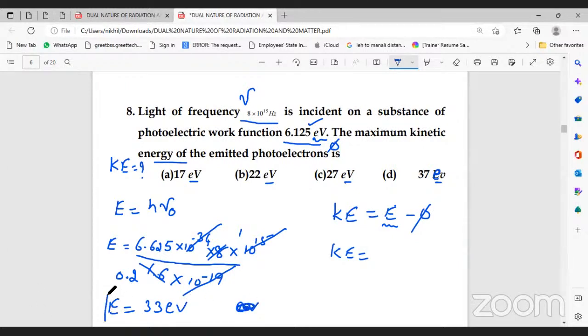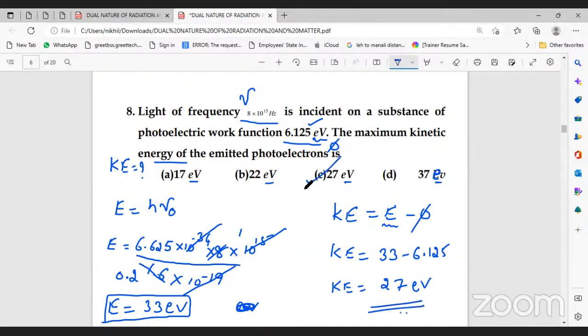After getting the energy, we can find the kinetic energy easily. That is 33 minus the work function 6 point something, so approximately 33 minus 6, 27 electron volt. So you can go with option C. Yes, option C is the right answer.